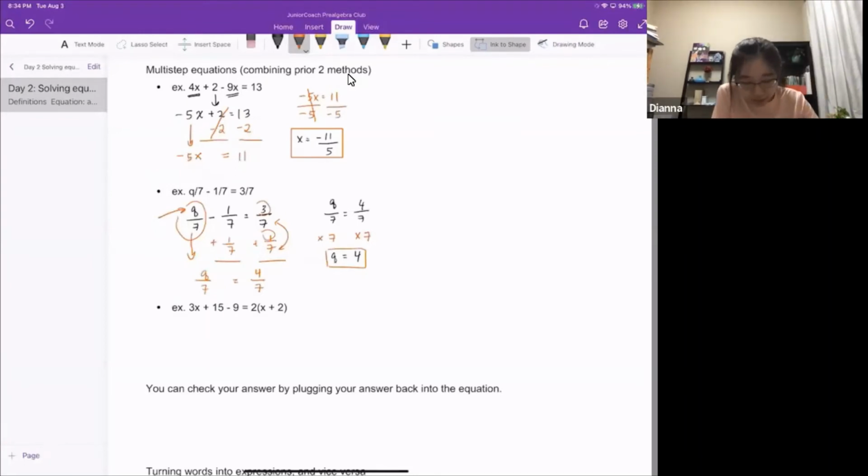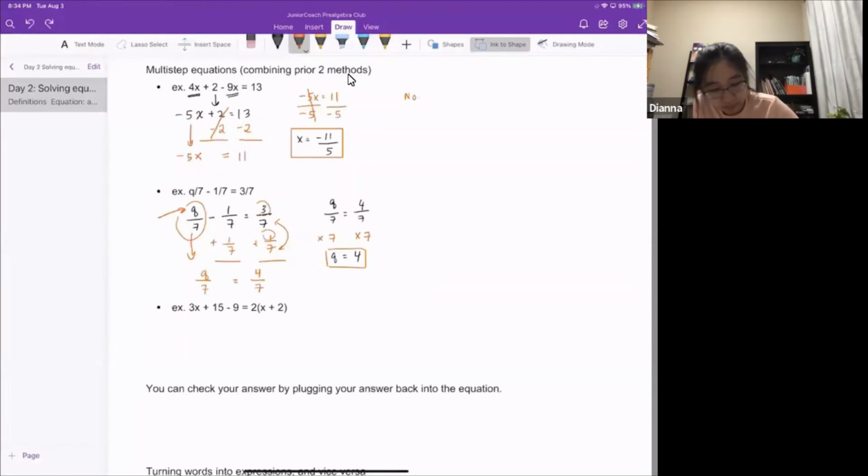And so usually you'll see if I have a number multiplied or divided in front of the letter, so like 5 here, and then 1/7 here. Typically what I'm going to do is I'm going to do my multiplication and division steps after addition and subtraction. So maybe I'll make a note.